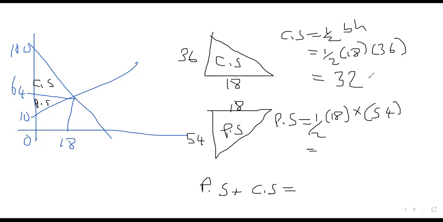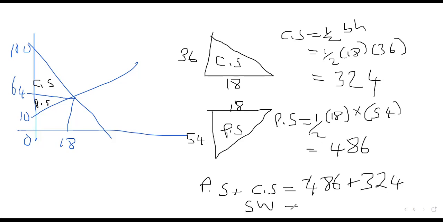Then here, 486. So when you add 486 plus 324, what do we call this? The social welfare is 810. Any questions at this point?